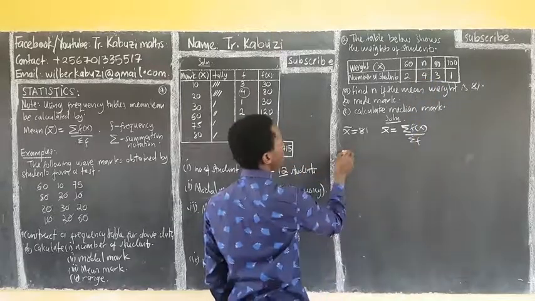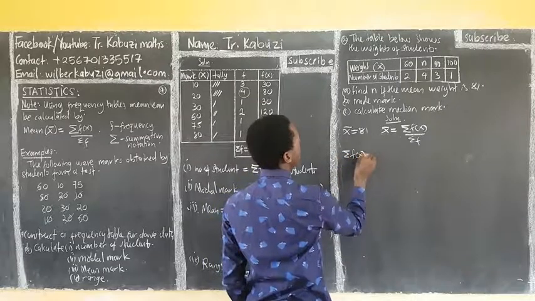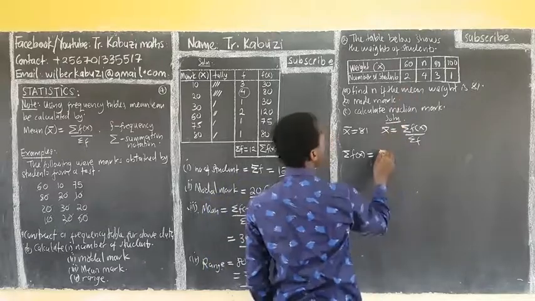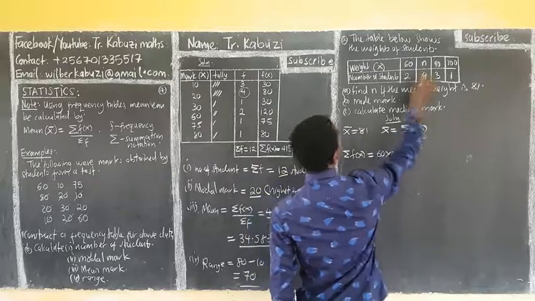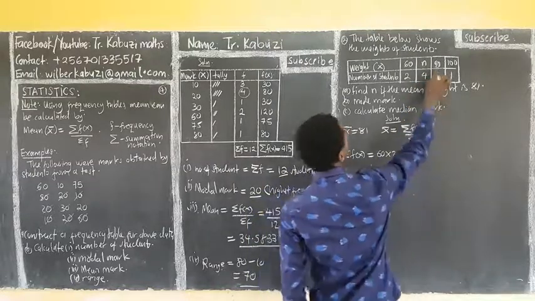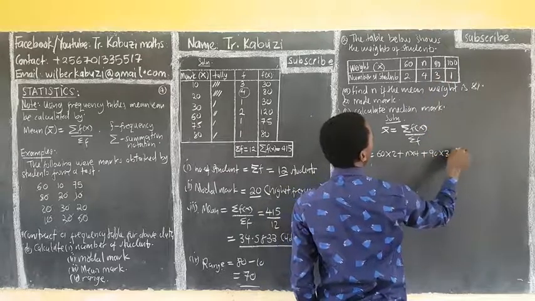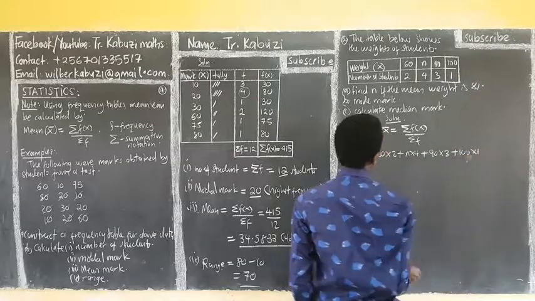So from here my summation f of x is going to be 60 times 2, then plus this times this, then plus this times this, then plus 100 times 1.